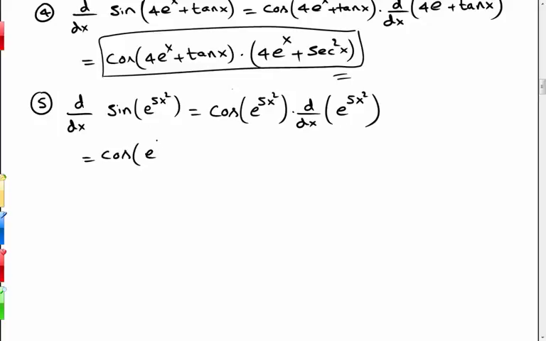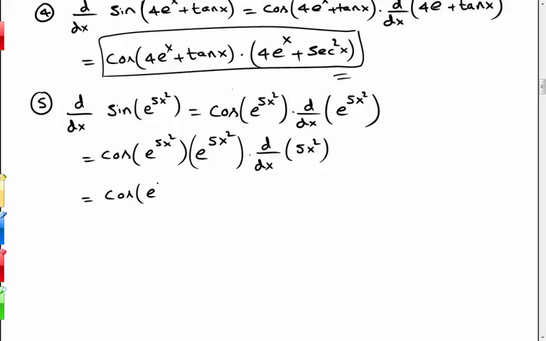So let me just copy that cosine of e to the 5x squared, and the d dx of e to the 5x squared would be e to the 5x squared times the derivative of 5x squared. And this is cosine of e to the 5x squared.